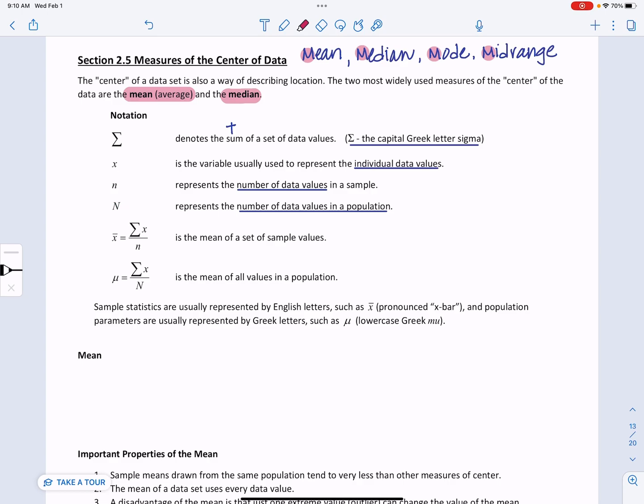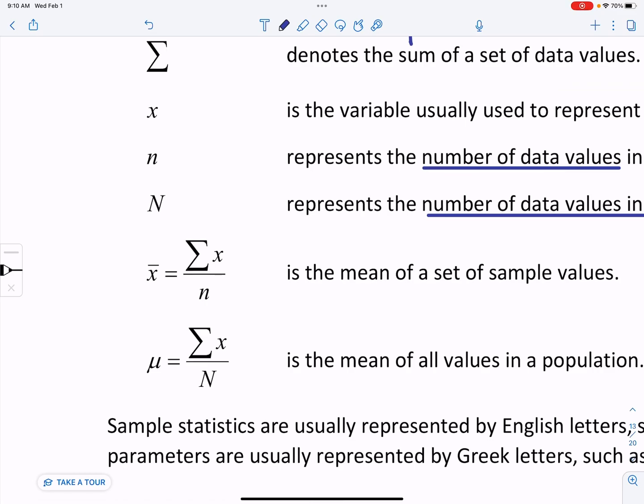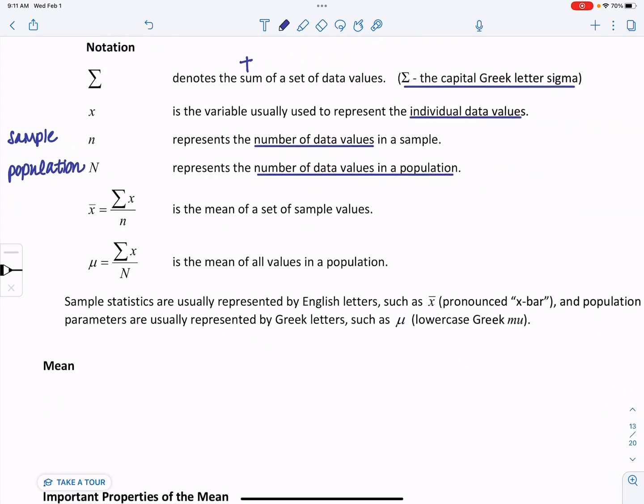One way to think about it might be that the population is always larger than the sample. So the capital N goes with the population, and the lowercase n, that's smaller, goes with the sample.